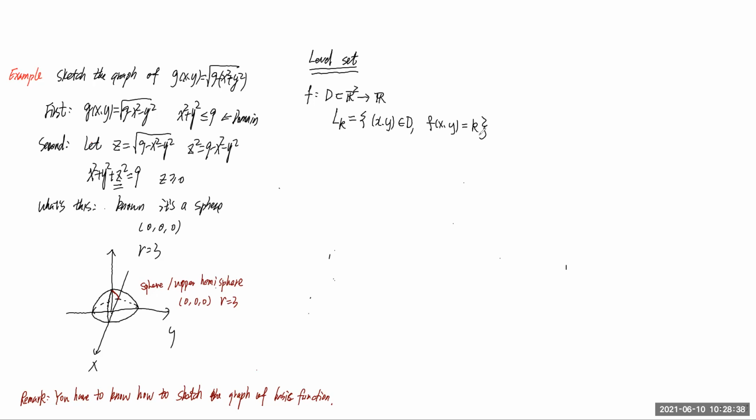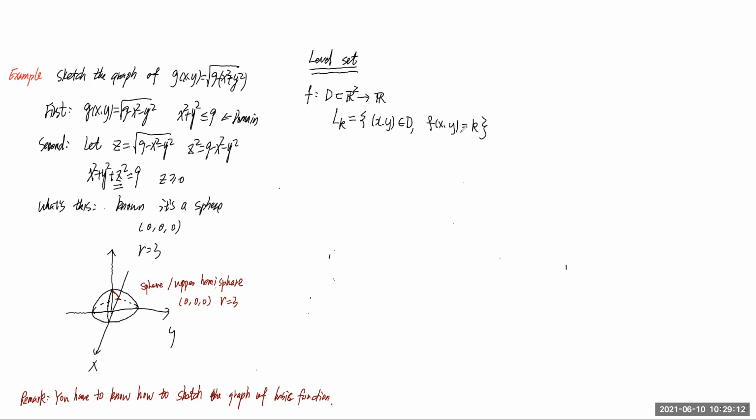So what do you mean by this? Find all (x, y) in D such that their values are the same. It's kind of like when you are climbing a mountain, find the positions where your distance is 100 feet to the sea level, like that. Anyway, there are many explanations.